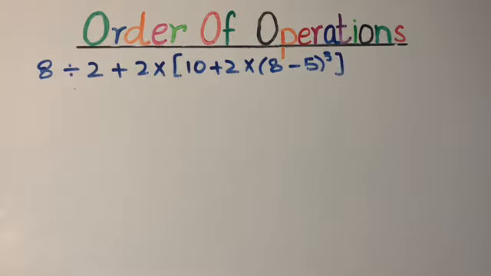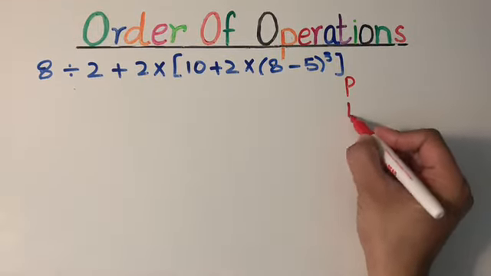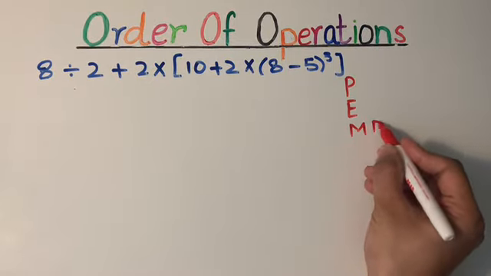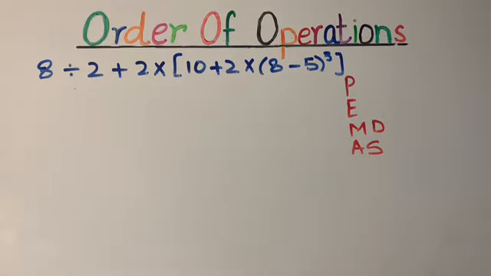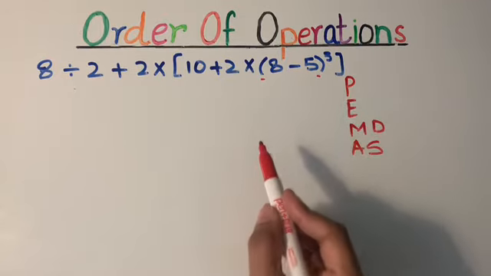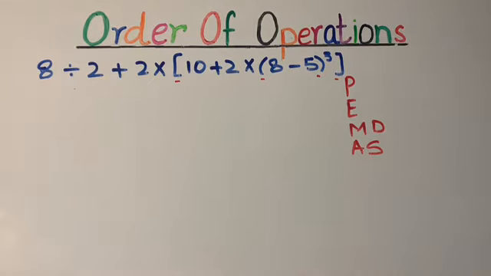Let's solve another equation. First we write PEMDAS. This will help us to follow the right order of operations. In this equation, we have parentheses and we have brackets. Order of operations tells us that parentheses and brackets have the same level of priority.